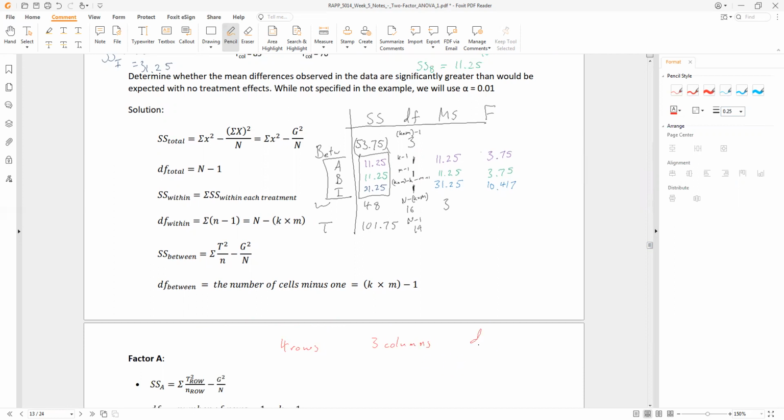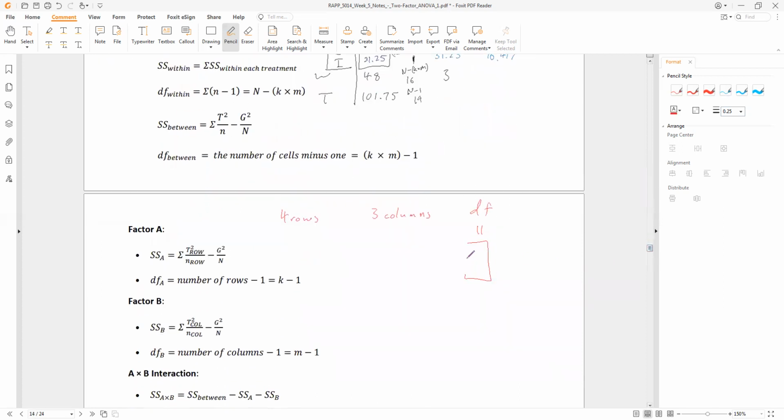Then my degrees of freedom is going to look like, I'm going to have 4 times 3 is 12, so 12 groups, so 11 total between, and that 11 is going to break down into 4 minus 1 is 3 for factor A, 3 minus 1 is 2 for factor B, and then 11 minus both of these, 11 minus 5 is 6 for the interaction. Right? So because we have different degrees of freedom, these would give you different critical values.